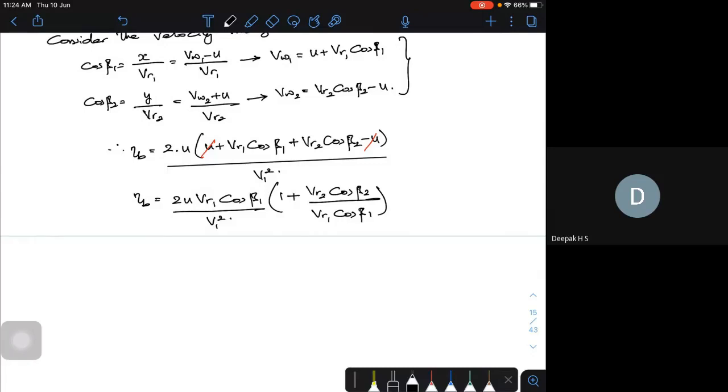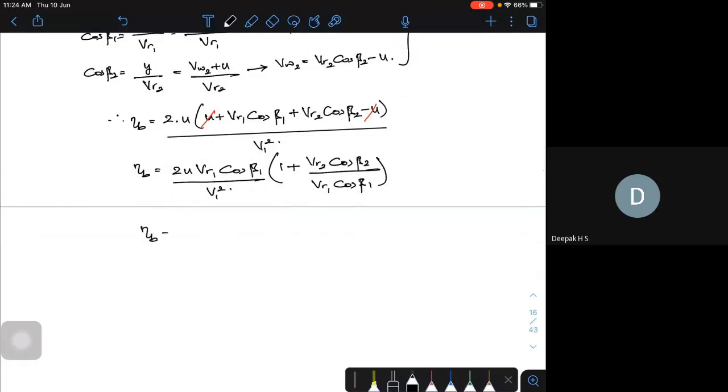Now further, let me define CB equal to VR2 by VR1 and K equal to cos beta 2 by cos beta 1.